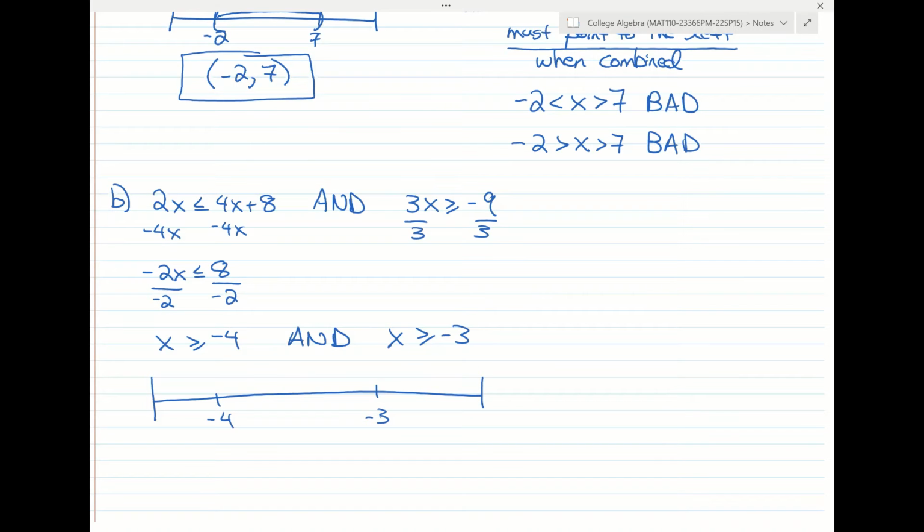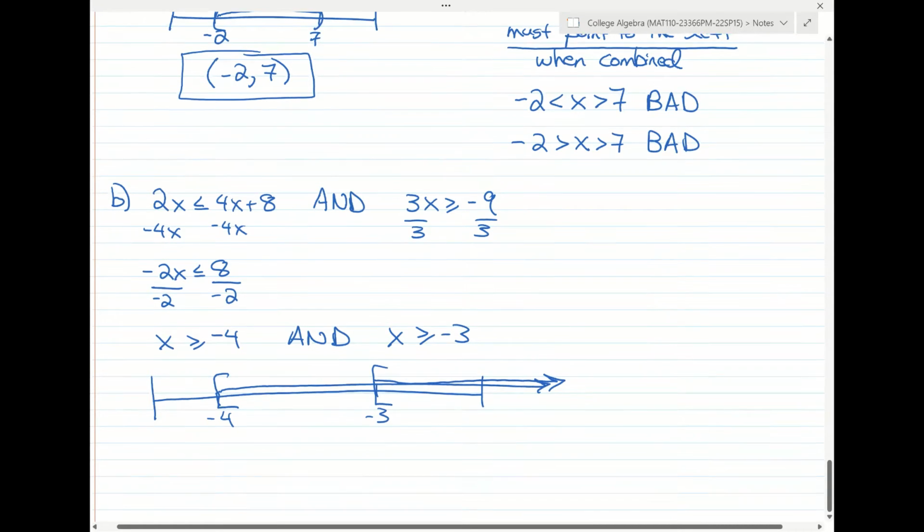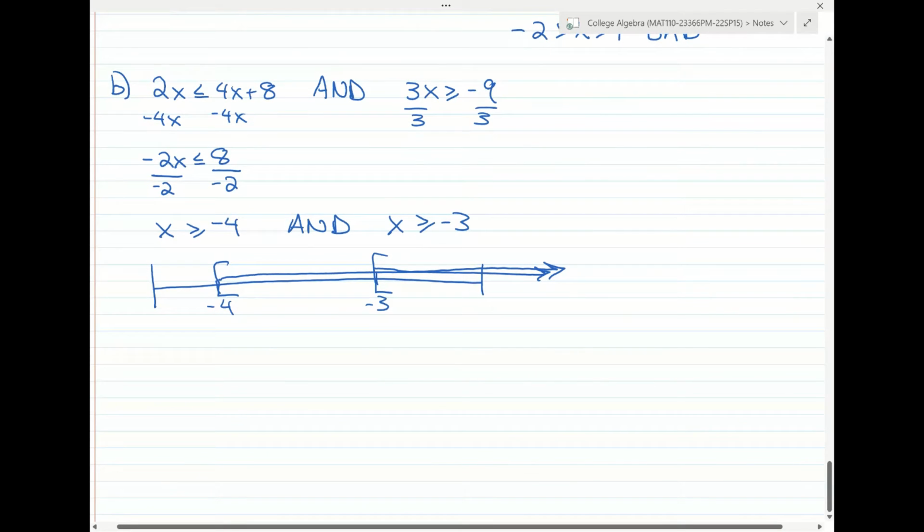We're looking for all numbers that are greater than negative 4 and greater than negative 3. This is a little bit of a different problem. Do you know what the answer would be? We're looking for overlap here, because it's an AND problem.